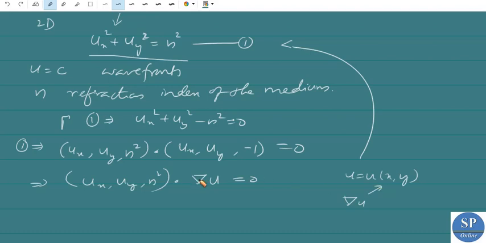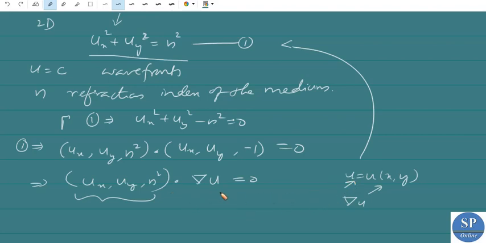So we have this vector dot del u equals 0, that is, the vector ux, uy, n square is orthogonal to del u. So del u is normal to our solution surface, and we can say that this vector ux, uy, n square is tangential to our solution surface.